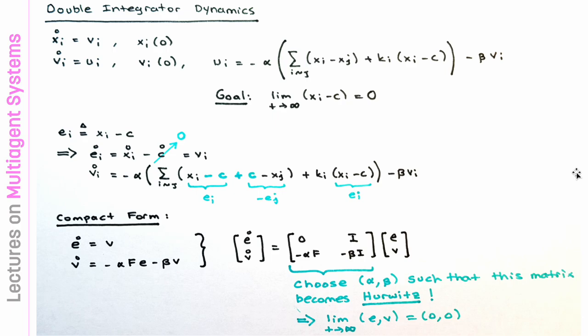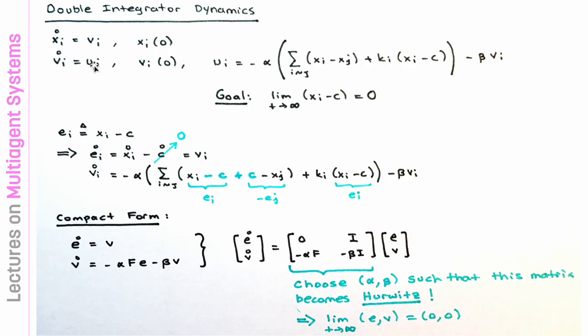Today we are going to generalize what we learned on synchronization dynamics or leader-follower networks from single integrator to double integrator dynamics. So we have xi dot equals vi. You can think xi is the position, vi is the velocity, vi dot is the acceleration.